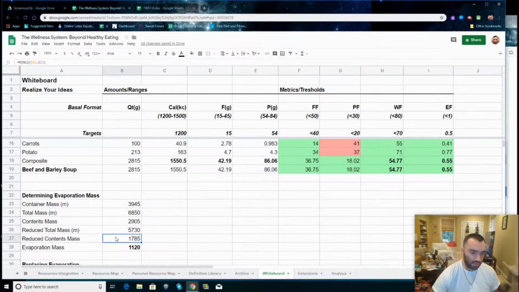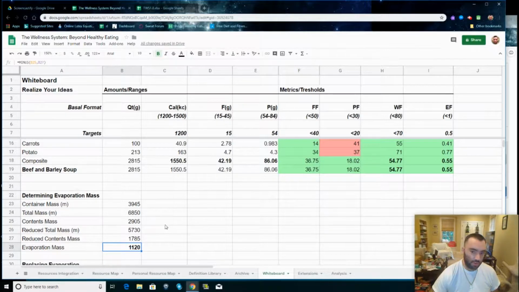And the reduced contents mass is going to be the reduced total mass minus the container. And then what we do is subtract the reduced contents mass from the contents mass. And the missing mass is the evaporation mass. And this is the amount of water that left the soup during cooking.